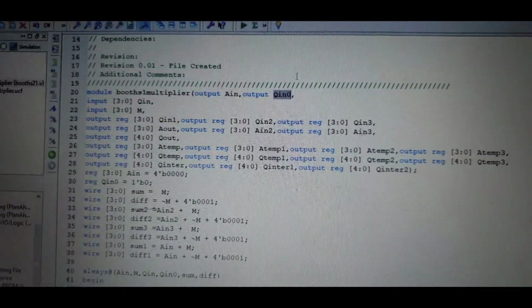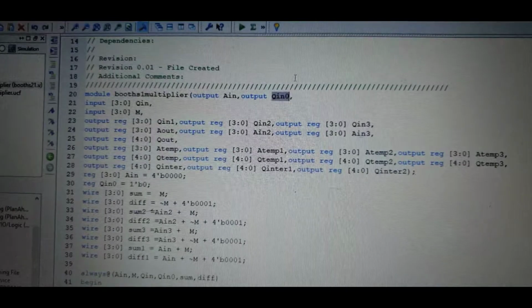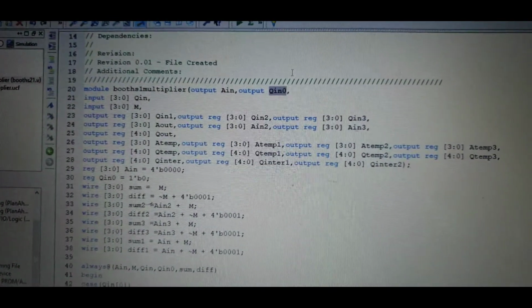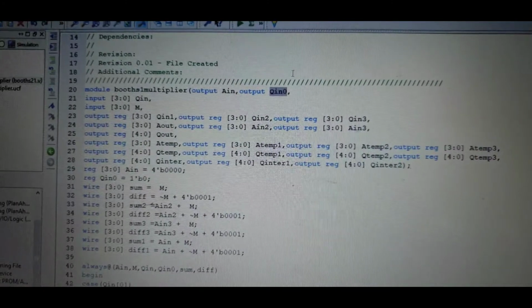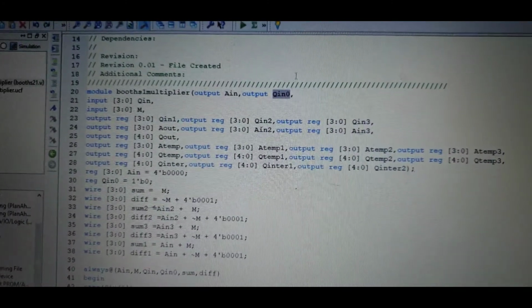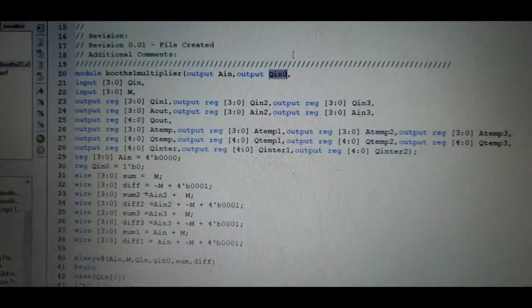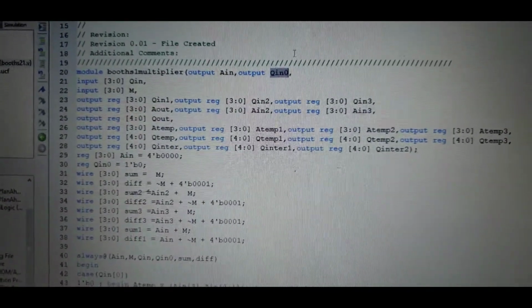And if the last two bits of this Q temp or Q in register are 0 0 or 1 1, then it does only the arithmetic shift right, and it goes into the next state, and it does this algorithm every time.